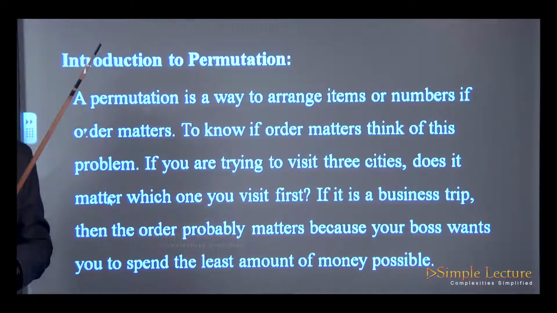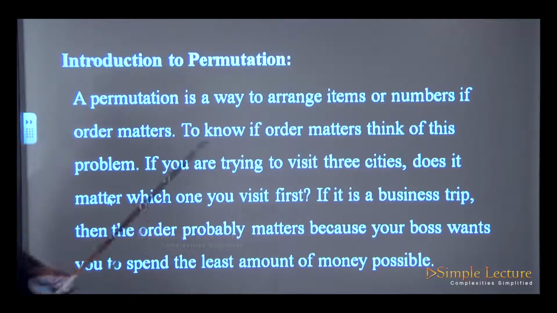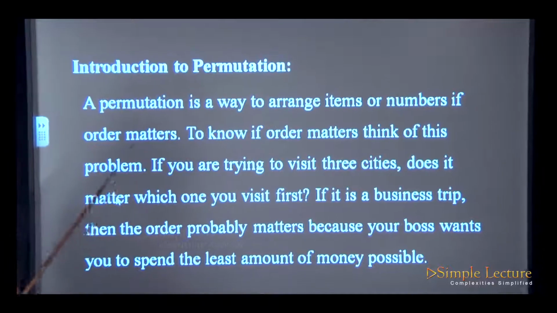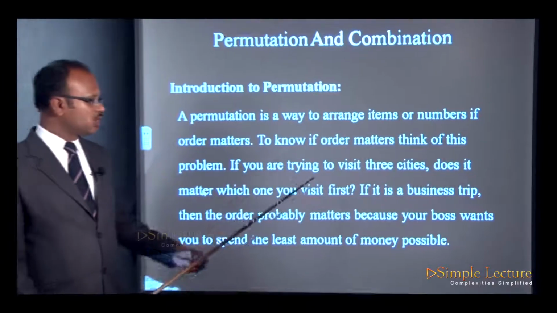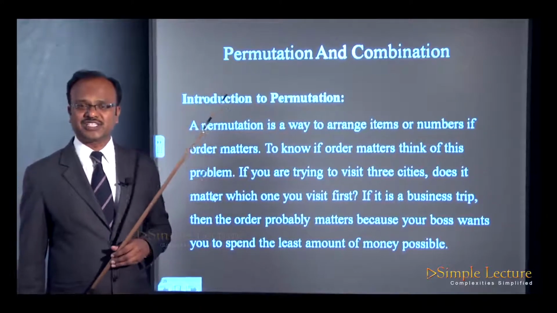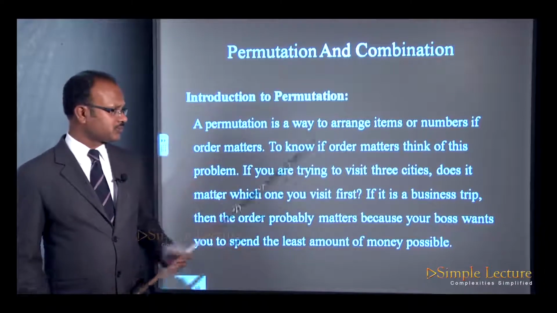Whenever you have the arrangement of the objects or the items in which the order matters, let us take an example. If you are trying to visit 3 cities, does it matter which one you visit first? Let us suppose you are visiting 3 cities. Does it matter which city you visit first?